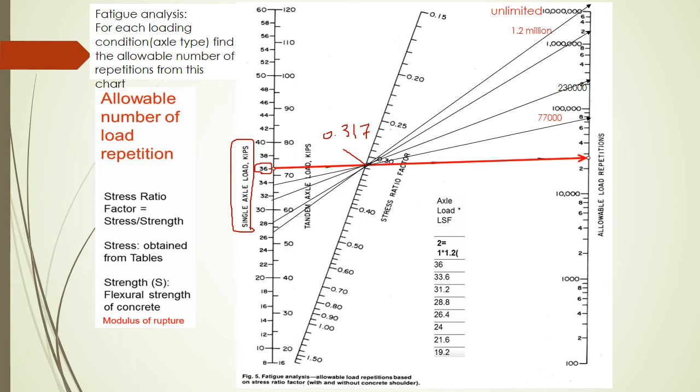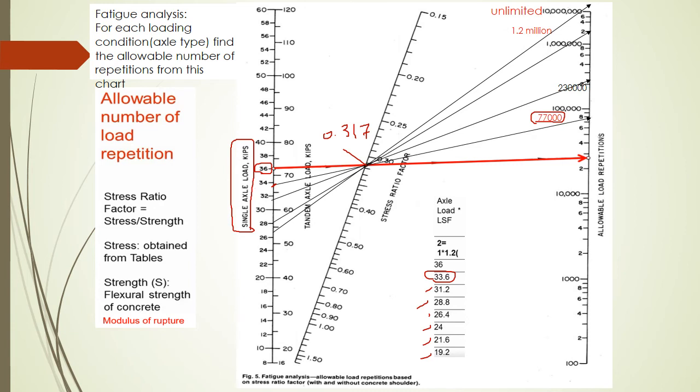Then the other value is 33.6. Here you will join 33.6 with 0.317. You will obtain 77,000 repetitions, and so on for 31, 28.8, 26.4, 24, 21.6, 20 and 19.2.